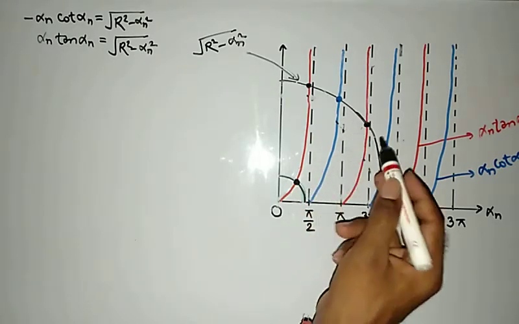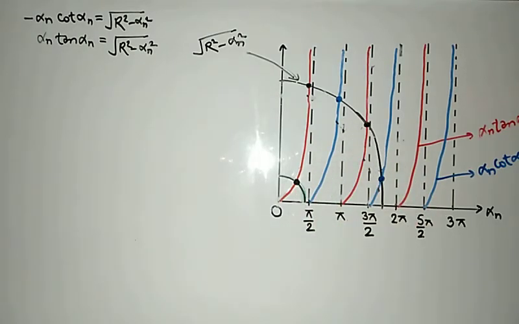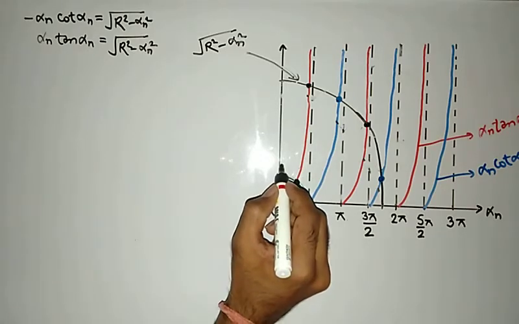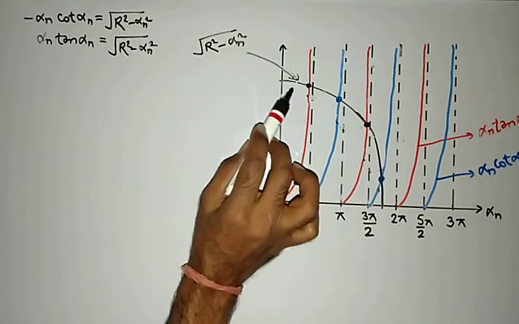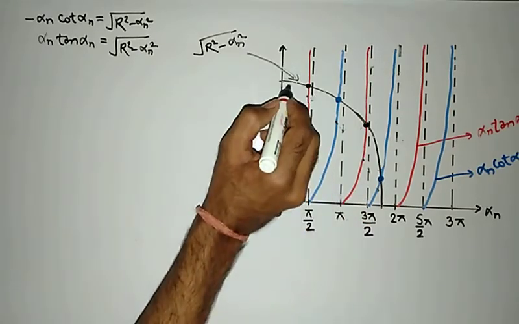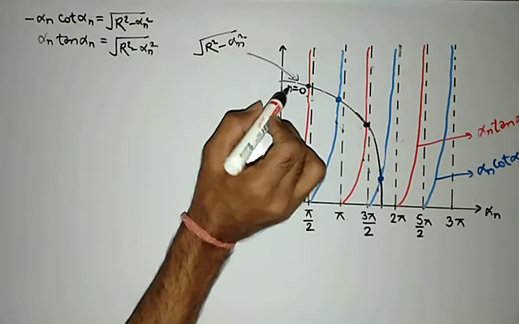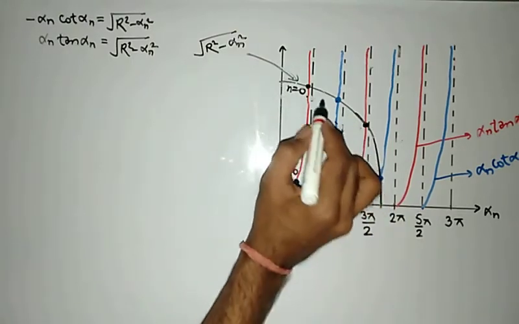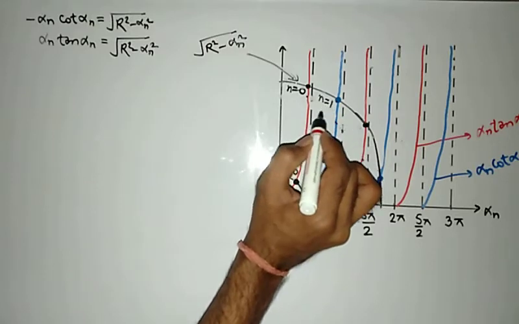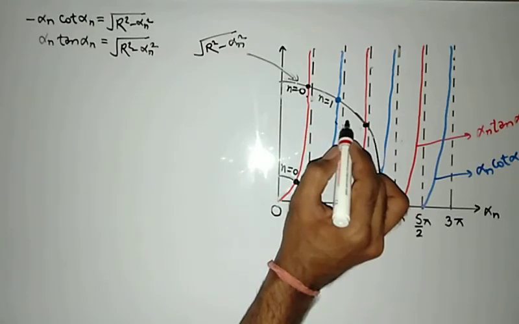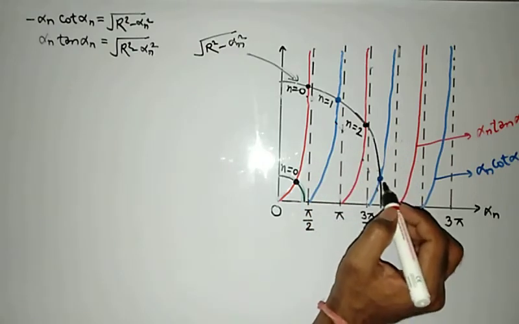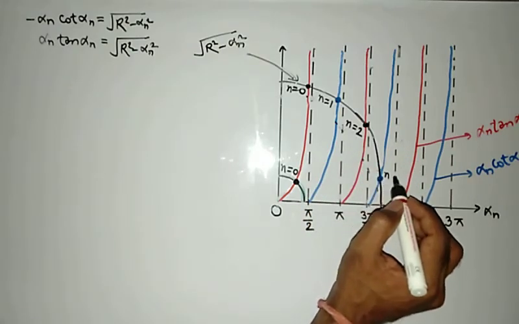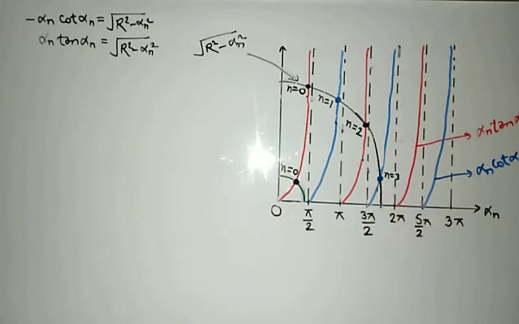This is for different circles. Here n is equal to 0 for the first, here also n is equal to 0, here n is equal to 1, here n is equal to 2, and for this n is equal to 3.